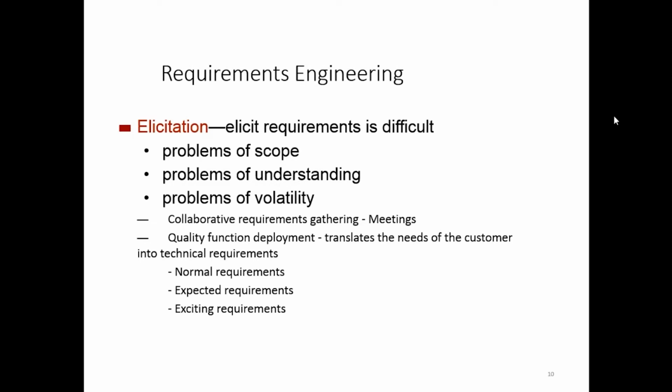So they go beyond the customer's expectation and concentrate on maximizing customer satisfaction, whereas the expected requirements may be so implicit to the product or system, and so fundamental, that the customer does not explicitly state them. They think that this should obviously be there, so they don't explicitly state them, and they want from the developer's side that this should be there in your software. Okay, so those are the normal, expected, and exciting requirements.